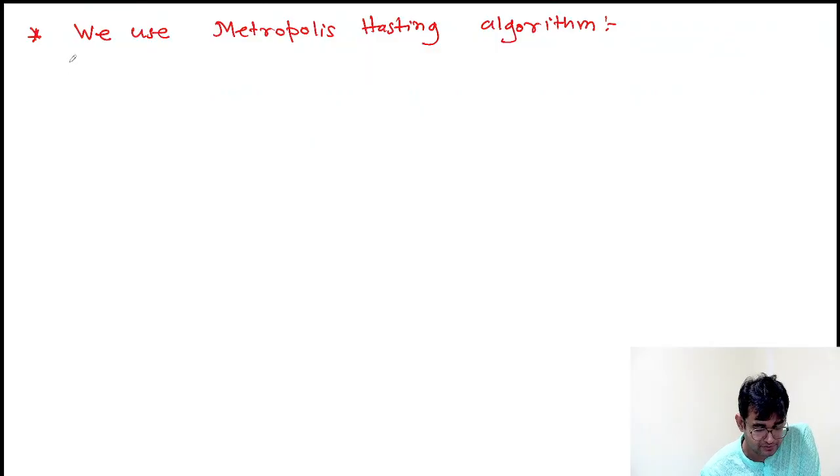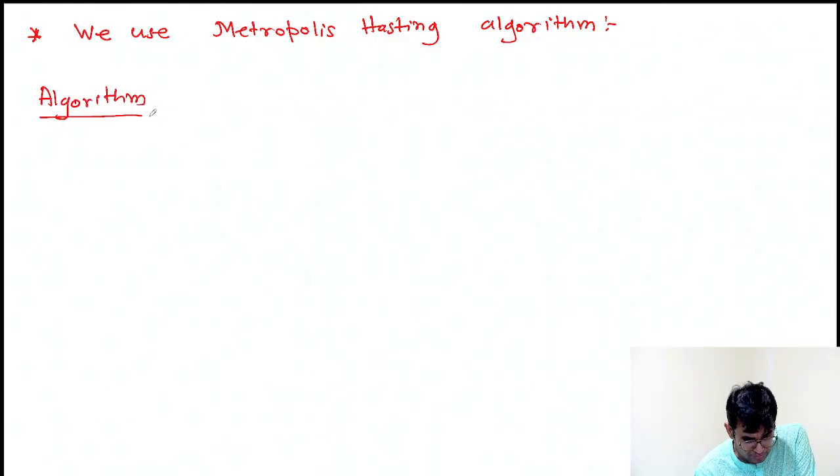So how does the Metropolis testing algorithm work in our case? I'll remind you that you should read about the Metropolis testing algorithm on your own. As I told earlier, in the probabilistic machine learning course that I taught last year, which has been recorded and is available, there are 3 lectures on this topic. The first one is on Markov chain, the usual Markov chain.